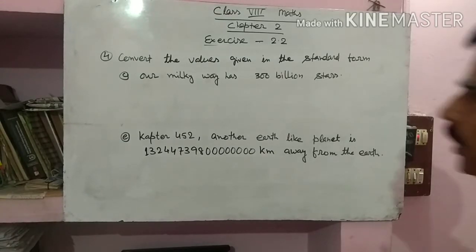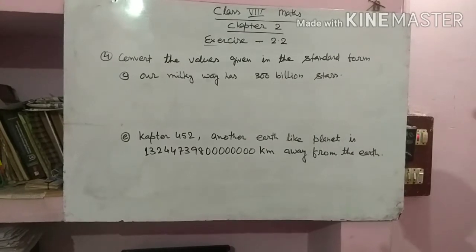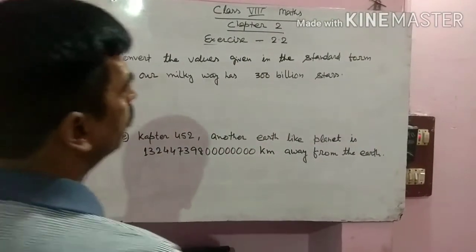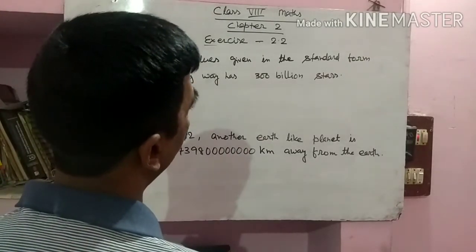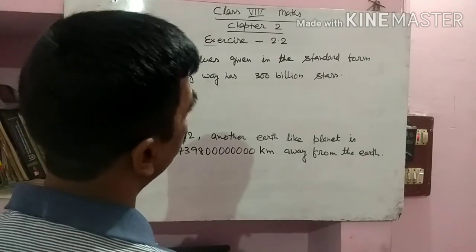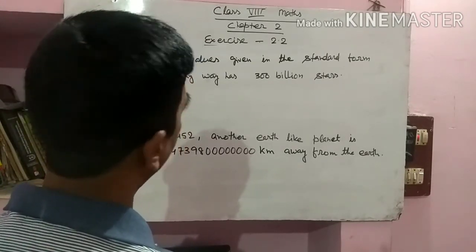Look, the fourth question is, convert the value given in the standard form. The first question is, our Milky Way has 300 billion stars. It means we have to write the 300 billion in the standard form.